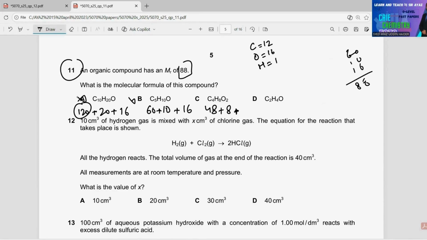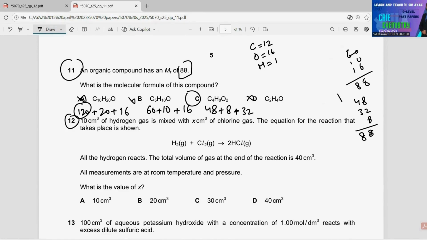What about oxygen? 16 multiplied by 2 is 32, so 48, 32 and 8, that gives 88. So C must be the right answer, no need to work for D.